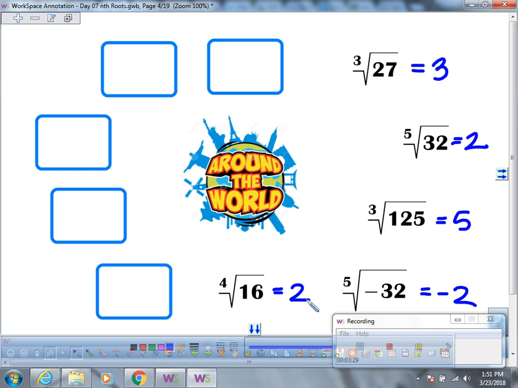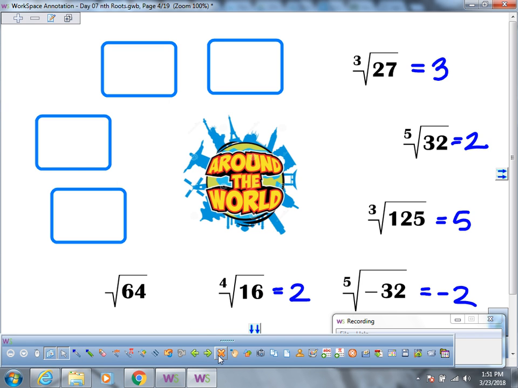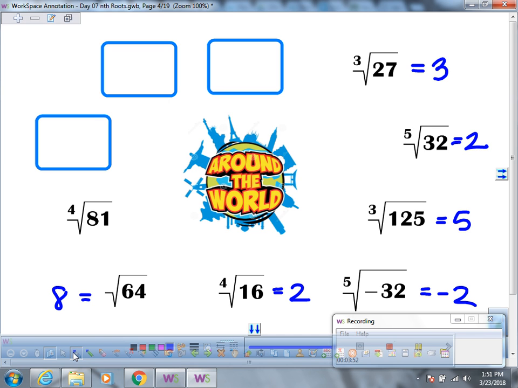Two. Because 8 times 8 is 64. Are we starting to have some fluency in this?